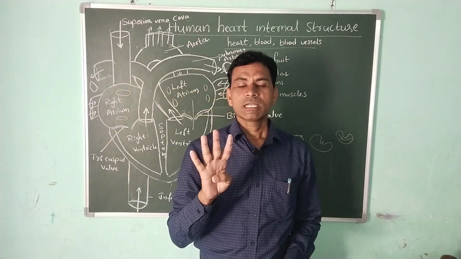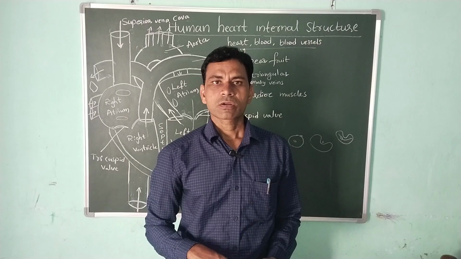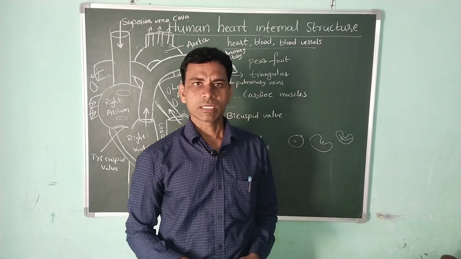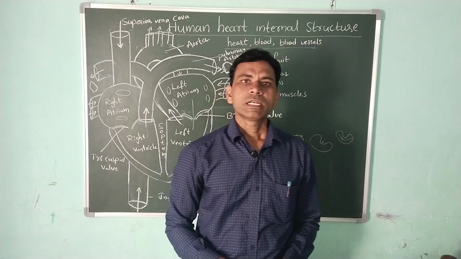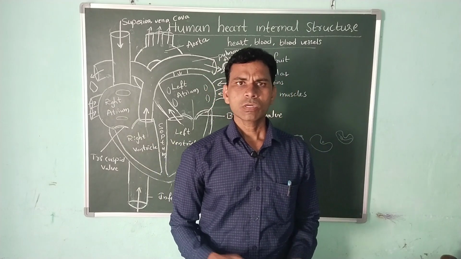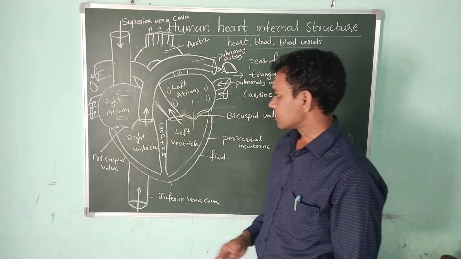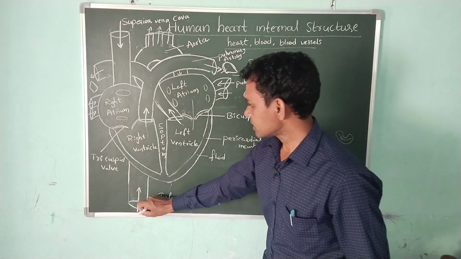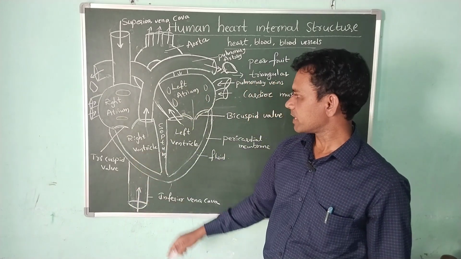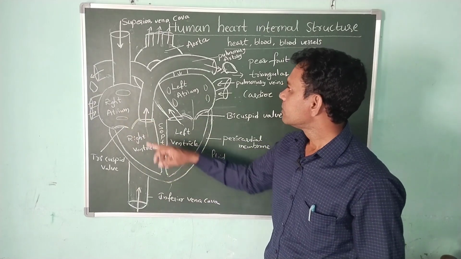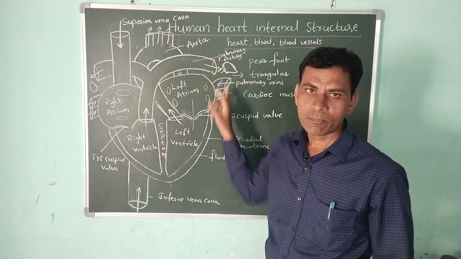It generally consists of four chambers. The upper chambers are called auricles and the lower chambers are called ventricles. Our heart is a double circulatory system. How? One circle: veins carry deoxygenated blood to the heart, then the heart sends blood to the body parts.